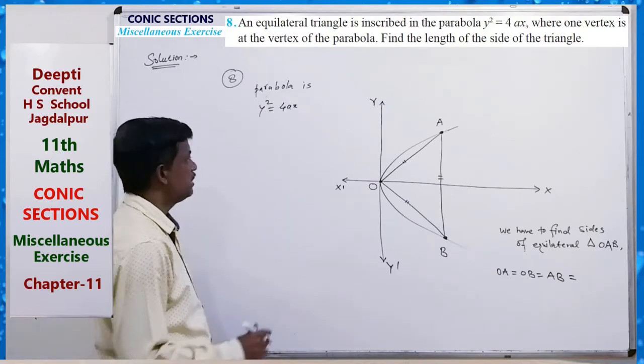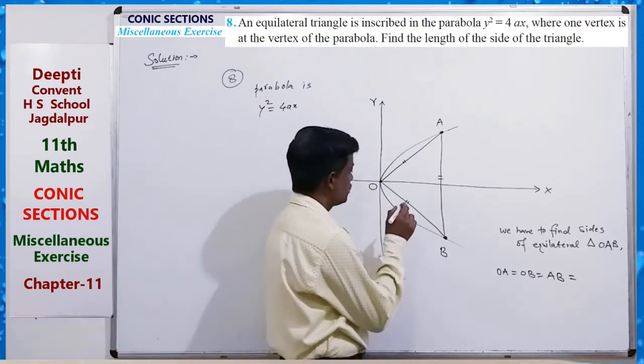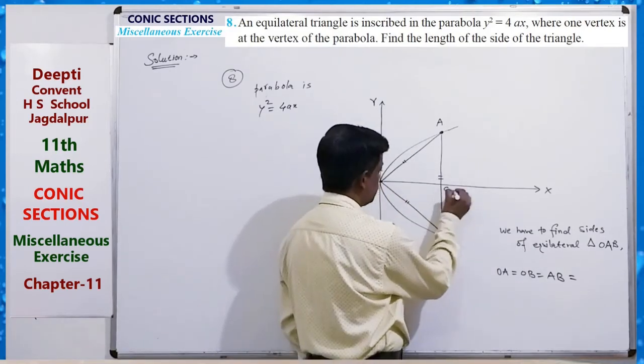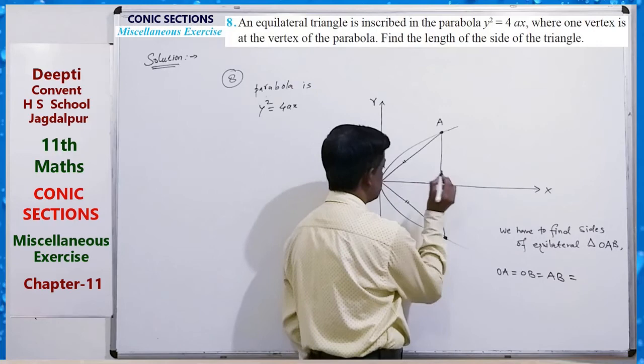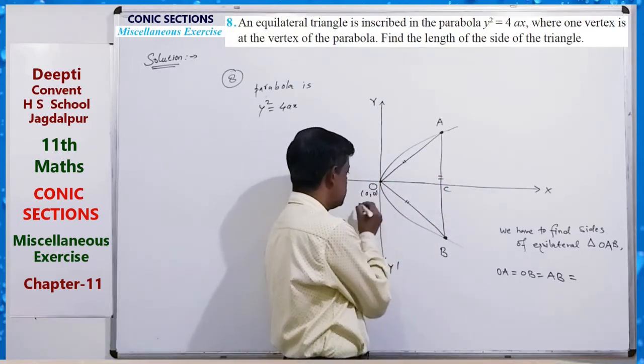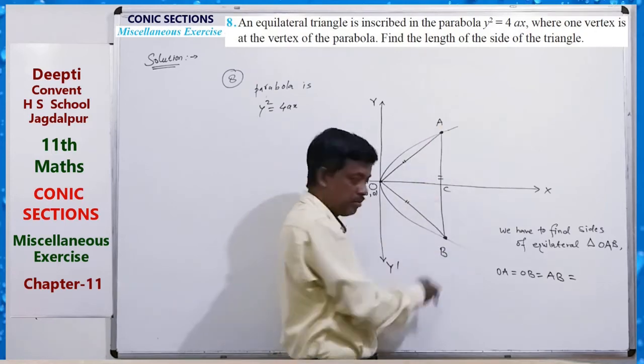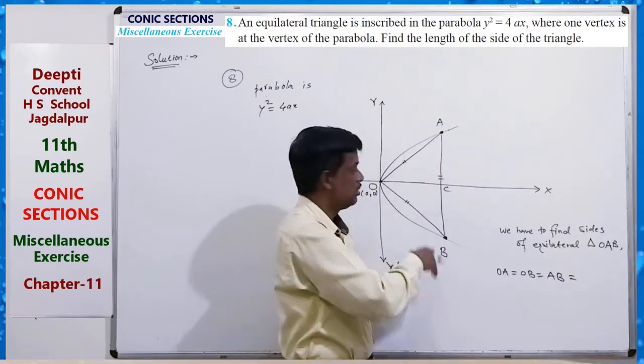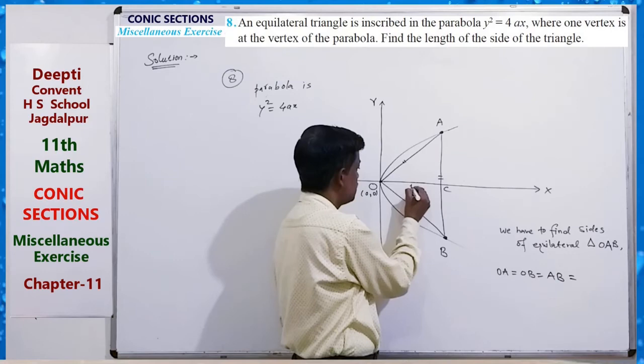Clear? Now here, suppose this distance, because O is 0, 0. AB is a double ordinate. So this distance, suppose k.